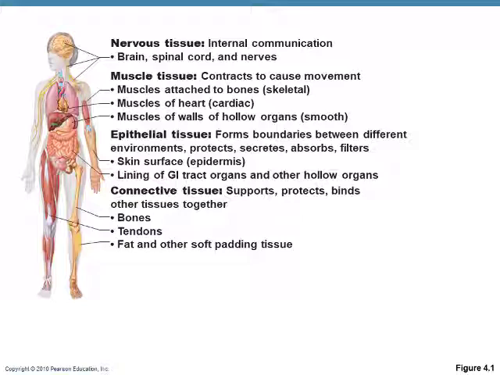Now, epithelial tissue. Epithelial tissue forms the body surface covering of the body. That means the skin, epidermis of the skin, outer layer of the skin.